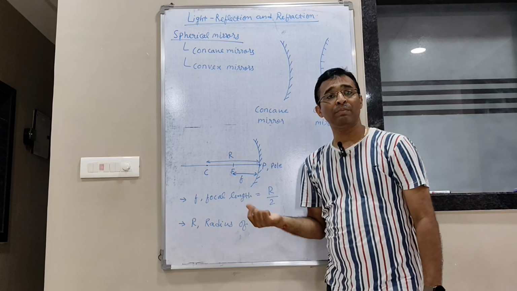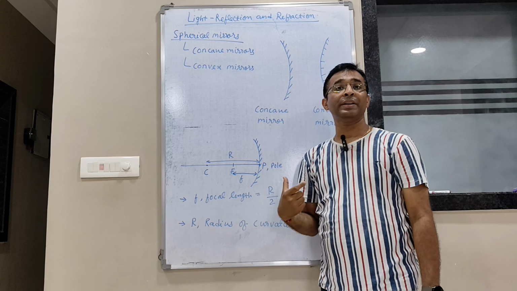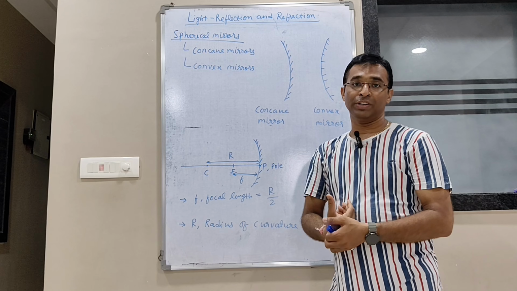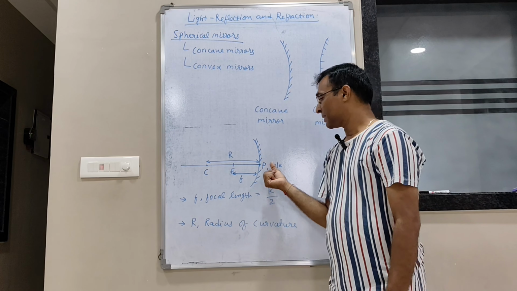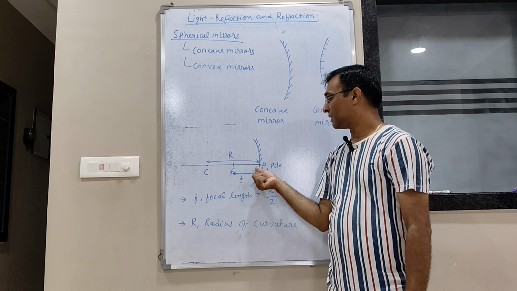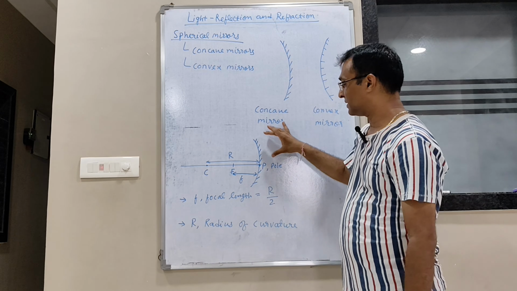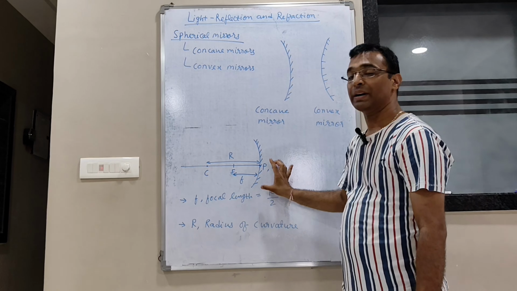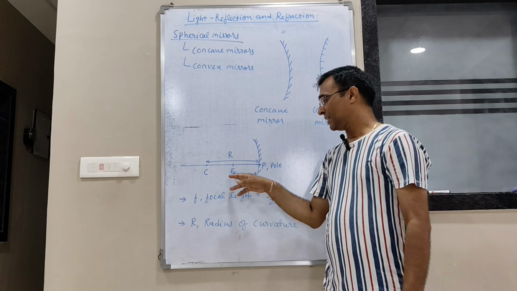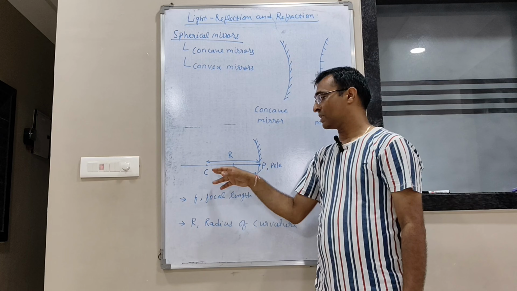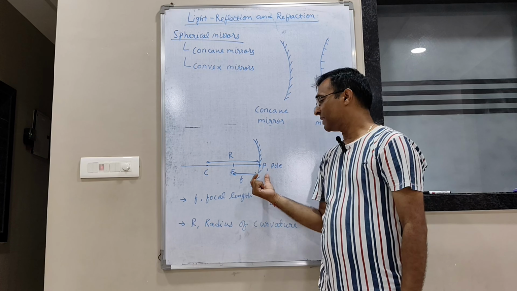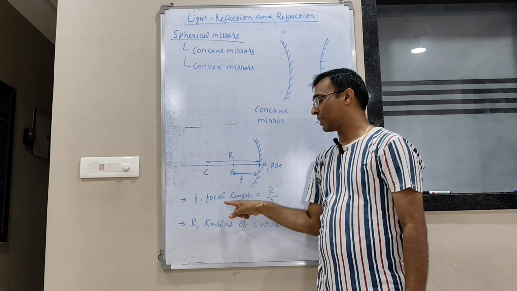Coming back, there are some important terminologies which need to be discussed at this point for future notations. First, the center point of the mirror is the pole. This pole divides the upper part and the lower part into equal halves. It is represented by P. Next points are F, focus, and C, center of curvature. The distance between pole and focus is known as focal length.